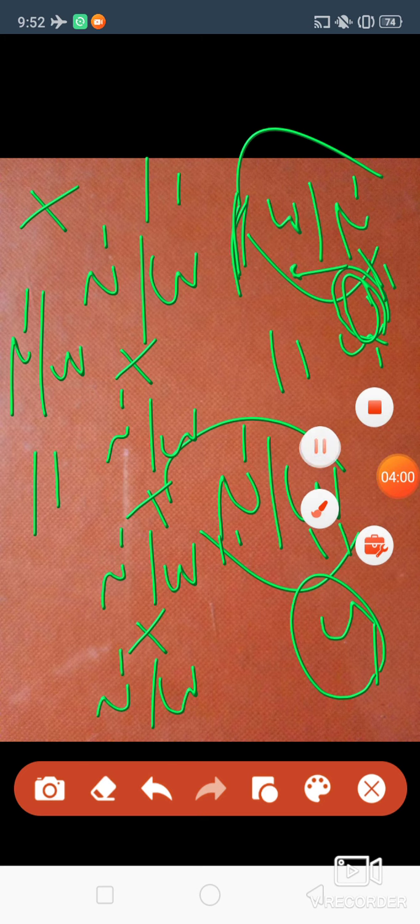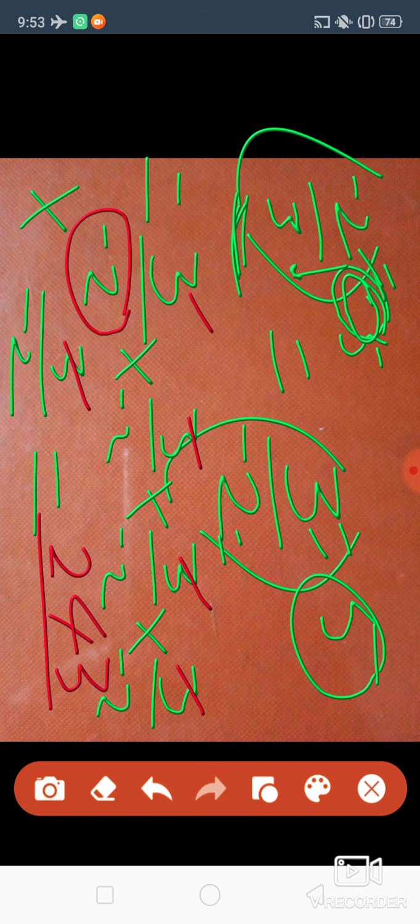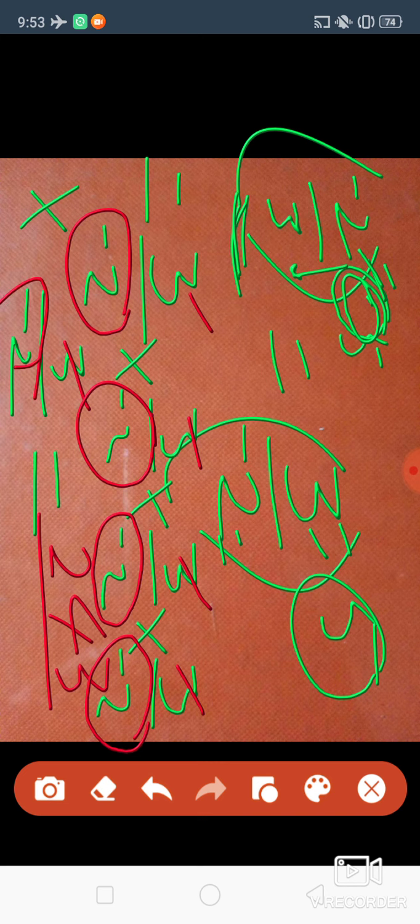Let's see here. Okay, so first of all we'll multiply all the numerators. 3 into 3, 9 into 3, 27 into 3, 81 into 3, 243. Now in the denominator, minus 2 into minus 2, how much you'll get? Minus 2 into minus 2 plus 4, plus 4 into minus 2 minus 8, minus 8 into minus 2 plus 16, plus 16 into minus 2, how much you'll get?